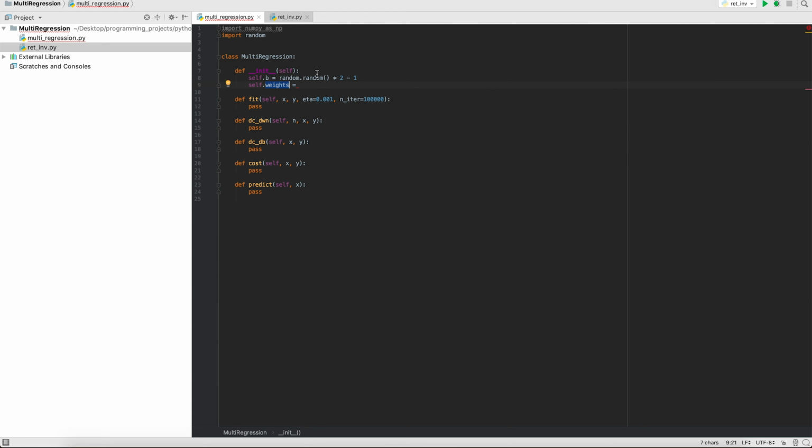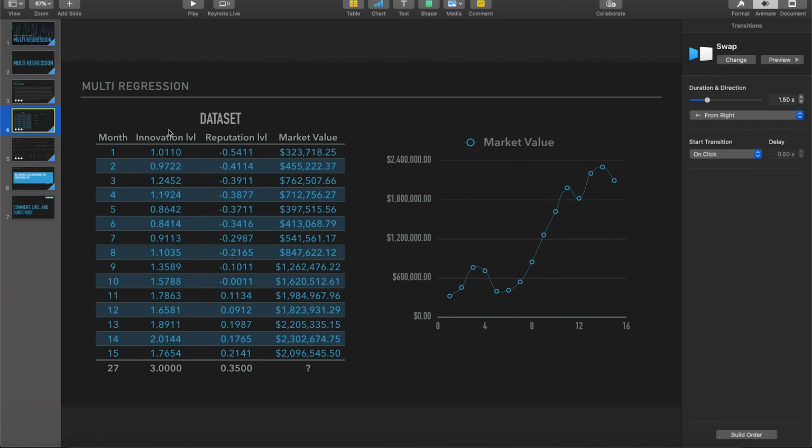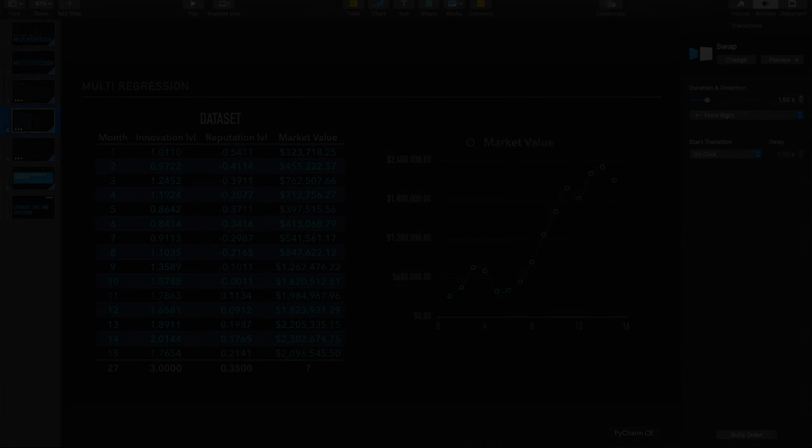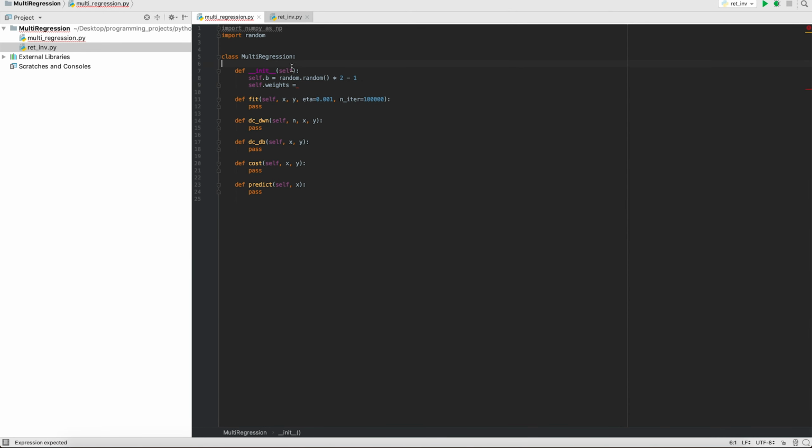And we want to code this multi-regression to work for any data set that fits in a multi-regression model. In this particular case, we have two input variables, so we will have two weights. But if our data set had more than two x's, then we would need as many weights as we have x's. So here we can just ask for the number of inputs.